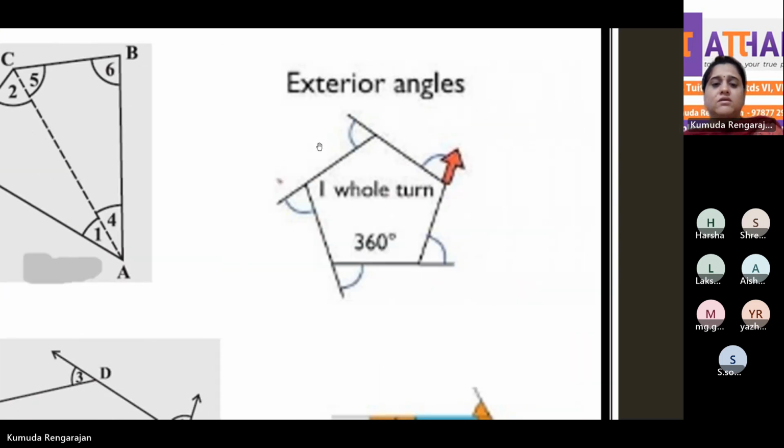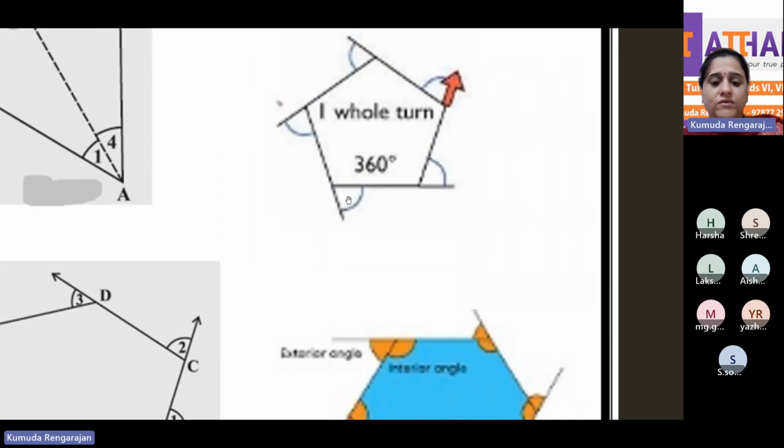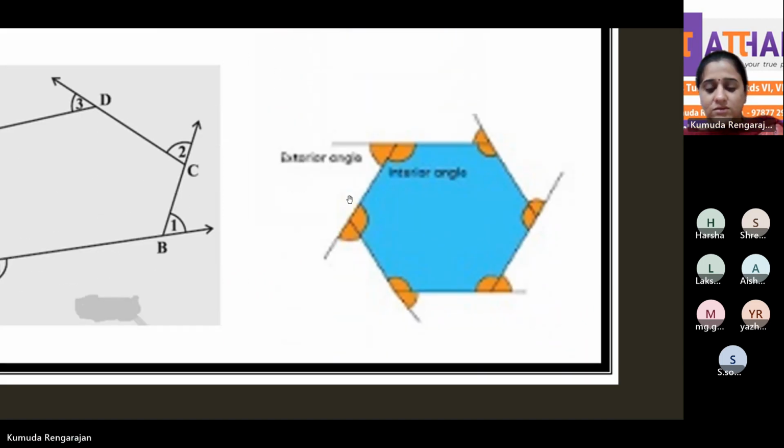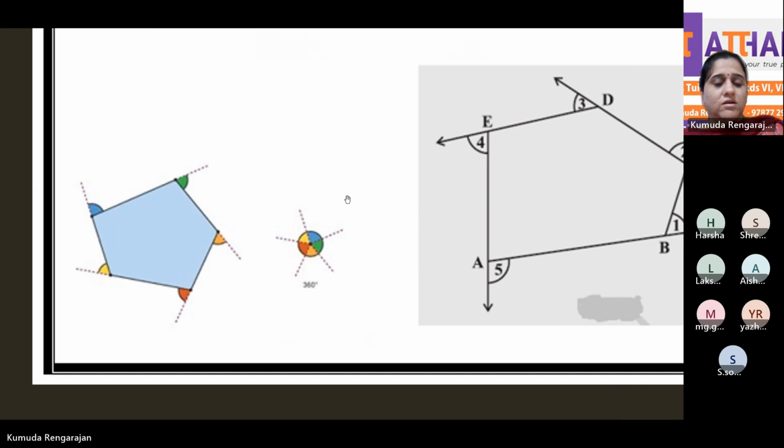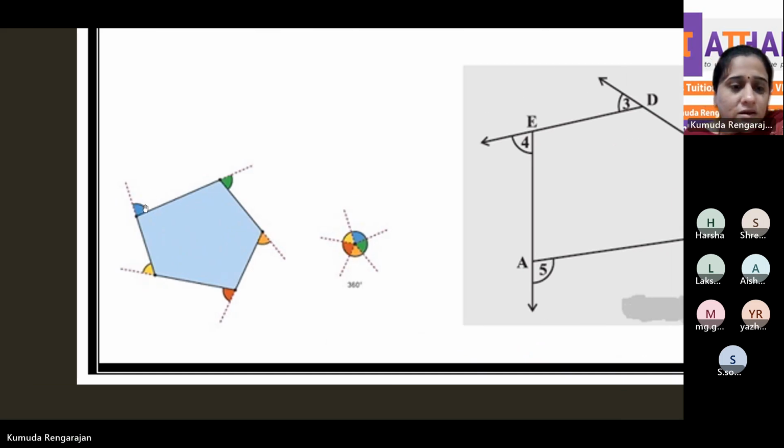Now, what we need to understand is, look at this figure. This one has 1, 2, 3, 4, 5 sides, a pentagon.